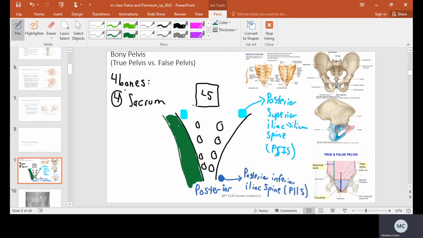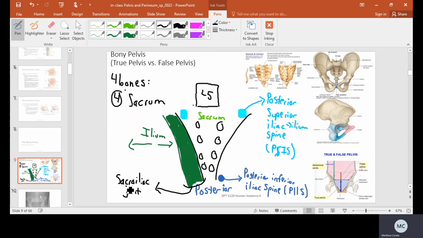Okay, if this area over here is my ilium, and this is my sacrum, the joint that they're going to make is going to be my sacroiliac joint.